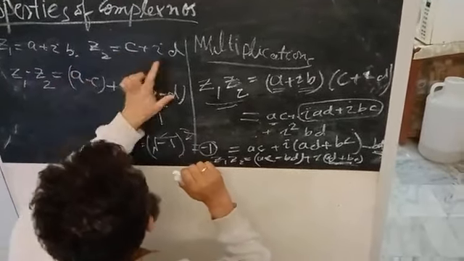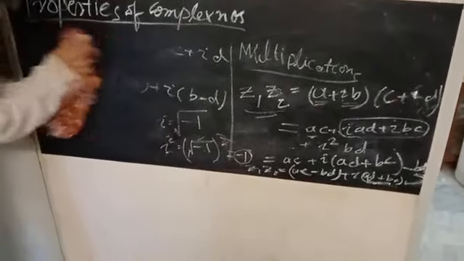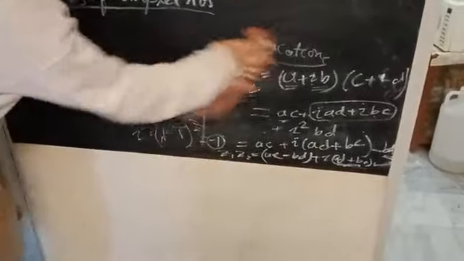The next part, and the last property for today, is how to divide two complex numbers, how to get the quotient of two complex numbers.